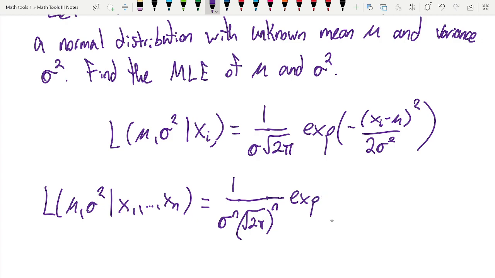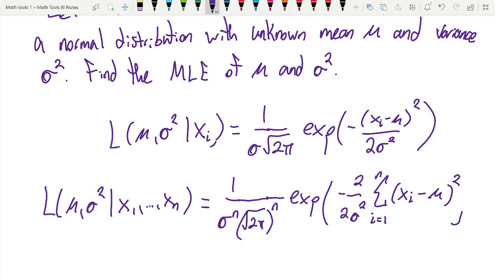And then the exponential function of negative 1 over 2 sigma squared, and then the sum of i equals 1 to n of xi minus mu squared. So this part I think should be clear if you write out a couple of the terms. Basically, this is an exponent, so when you multiply them together, it's going to turn into the sum, right? So you have x1 plus x2 plus x3, and this is what you end up getting here.